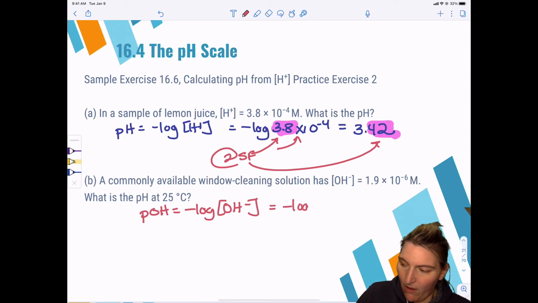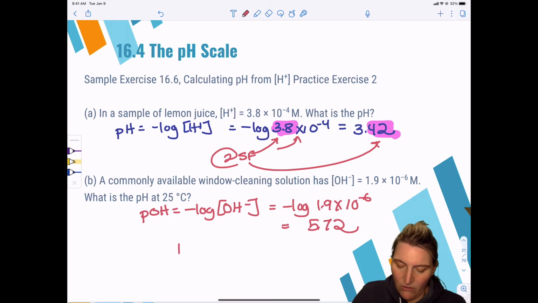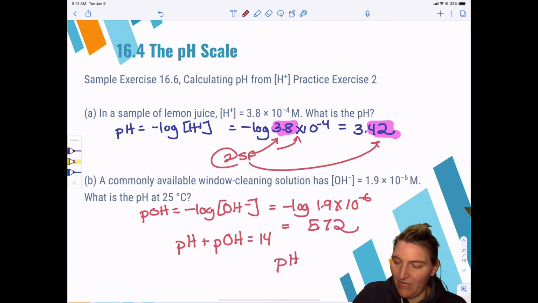The negative log of 1.9 times 10 to the negative 6 equals 5.72. Then, since pH plus pOH equals 14, in your calculator you just do 14 minus answer and get that the pH is equal to 8.28.